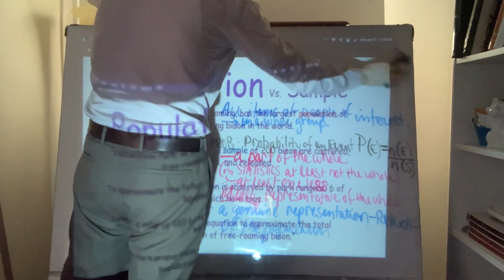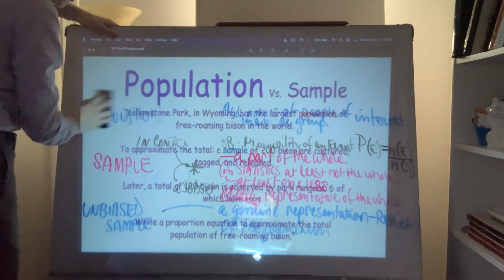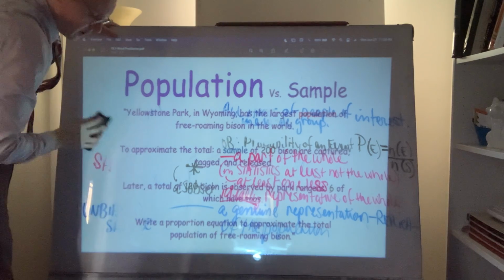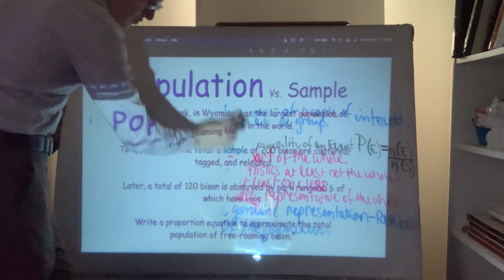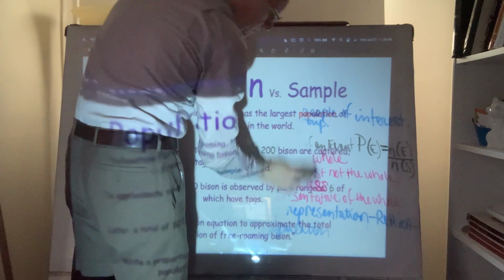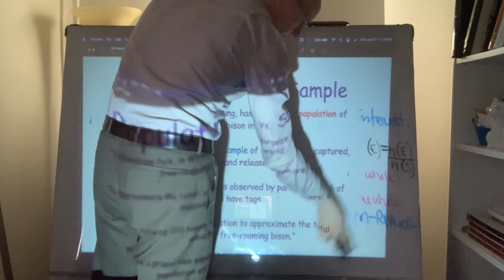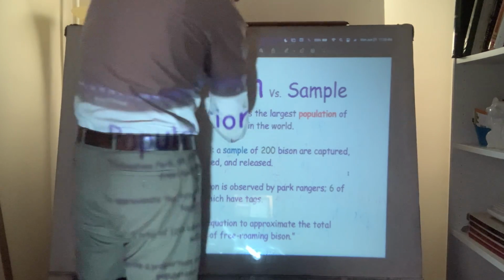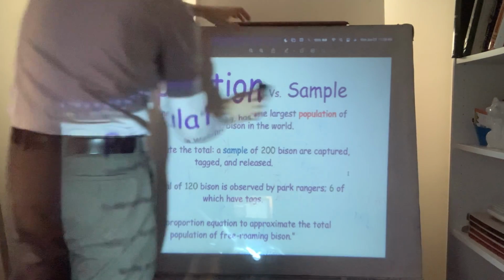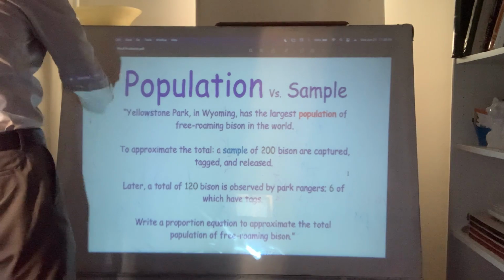And I think it's interesting because I've often wondered, how is it that biologists or zoologists or park rangers are able to accurately estimate how many members of a species are wandering around? Well, this will help you figure that out.